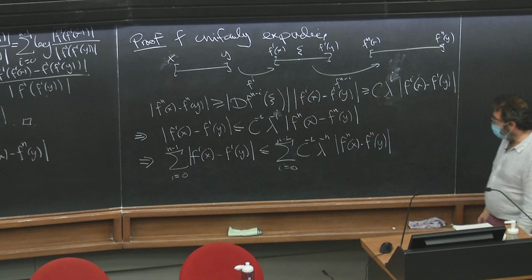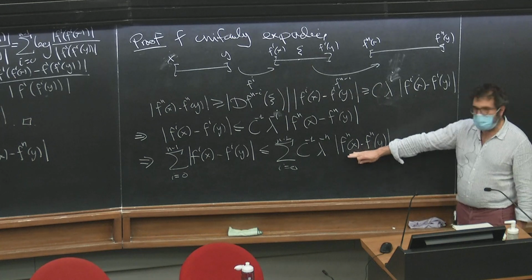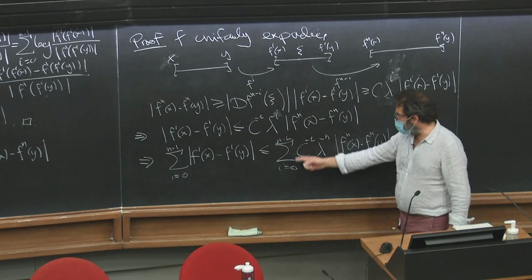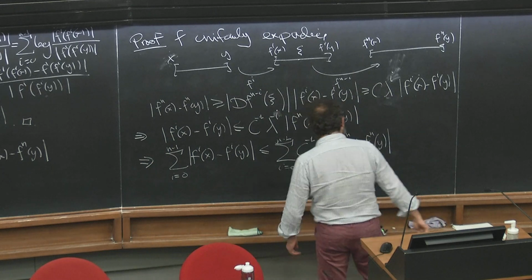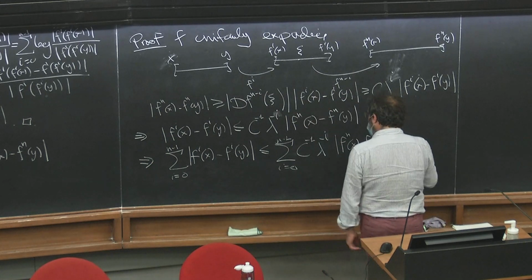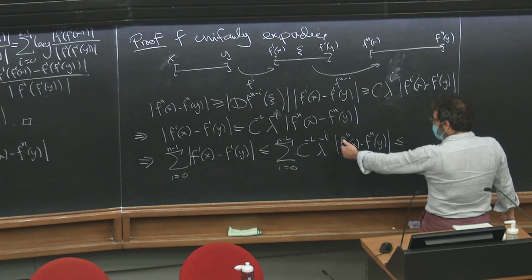And so this no longer depends on i, so it's really just the sum of these. Sorry, I keep putting n here, minus i, right?